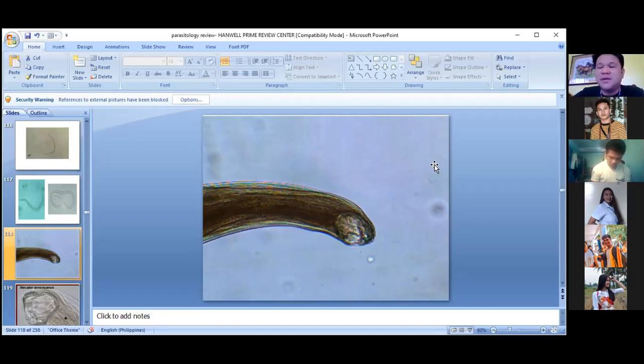So, for example, if it's on the 7th until the 9th day that you first see motile larva, then you report it as the rhabditiform stage of a hookworm. Now, you have to incubate it further, 10 to 13 days. I repeat, if on the first 7th to 9th day you see larva with purposeless motion, you report it as hookworm larva.